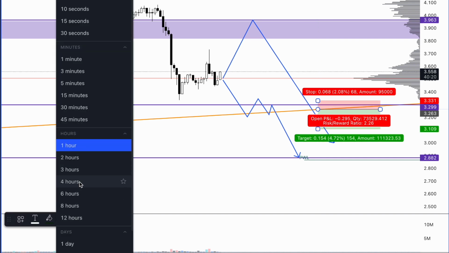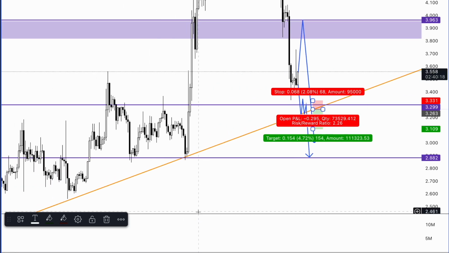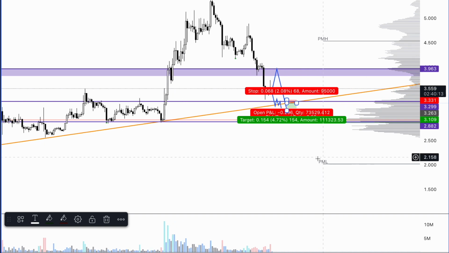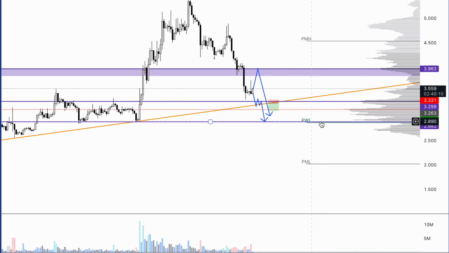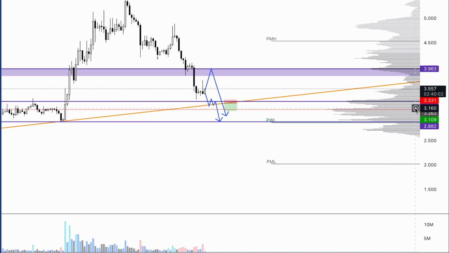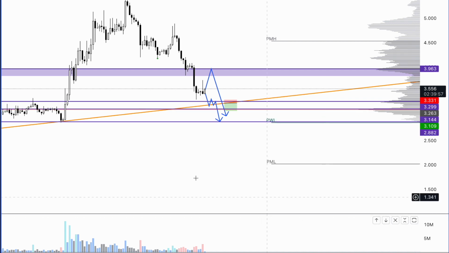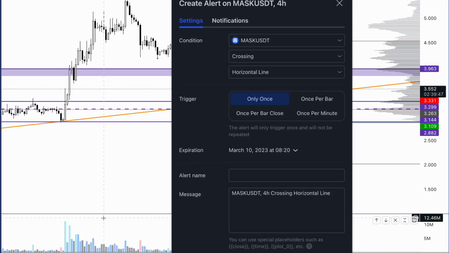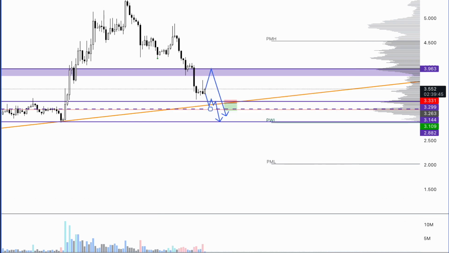Again, go back out. That area right there. And it's important that you figure out a system for yourself, right?